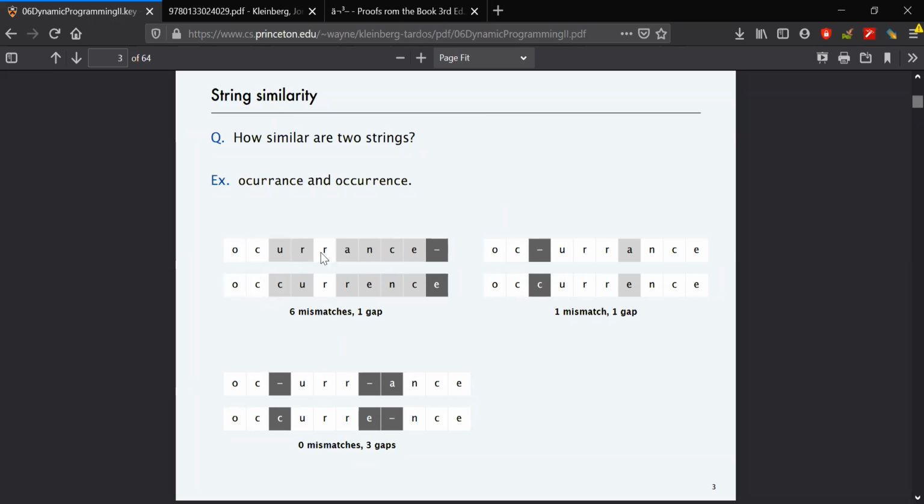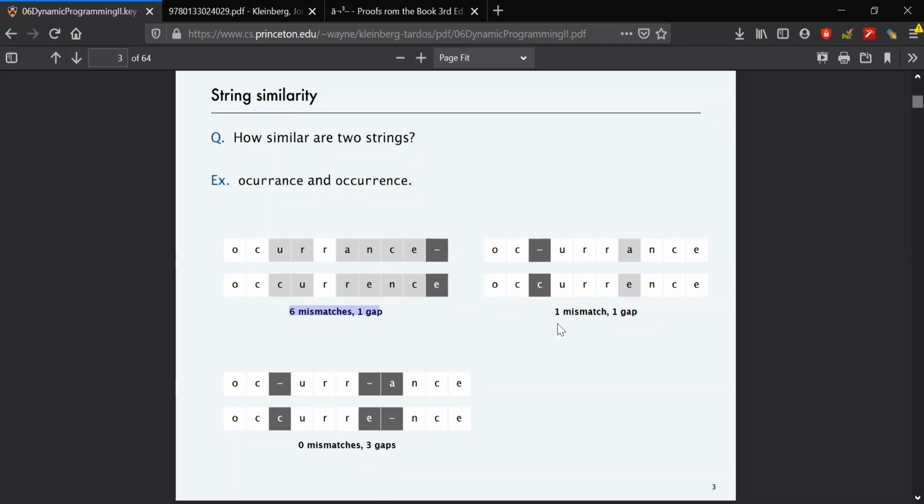You have the first word and the second word, and you match each of the positions perfectly, without giving any gaps in between. You observe that one of the strings was longer than the other, so there is a special kind of mismatch here called a gap. This accounts for one gap, and at other places, which are gray, there are all mismatches. So in this try, you have 6 mismatches and one gap.